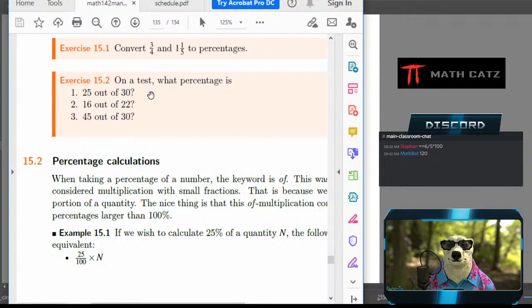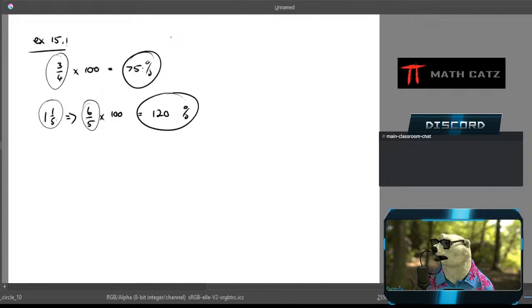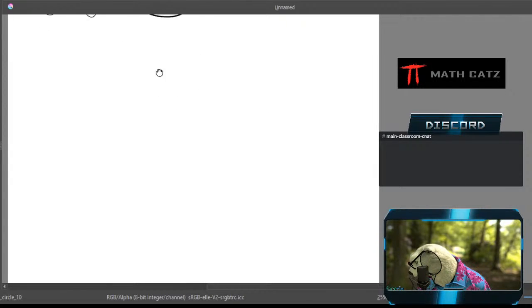15.2, let's suppose you have a test and you score some scores. Of course, the total of the test could vary. What's your percentage on the test? How can that not be a relevant question? Super relevant. I can't think of anything more relevant. Or you see on the website the percentages are listed, yet your quiz paper came back with a score.